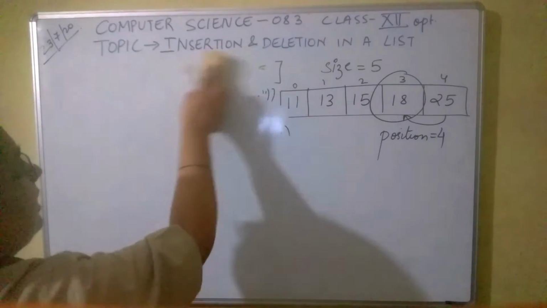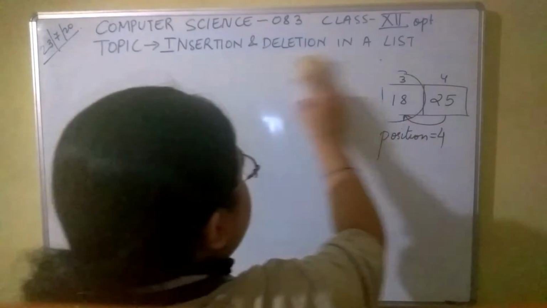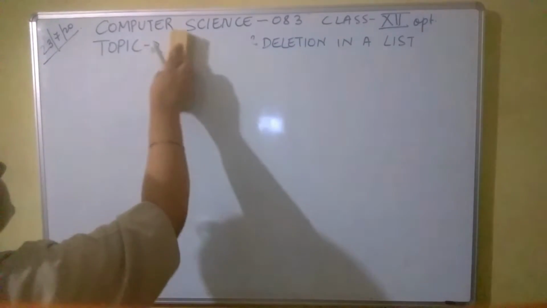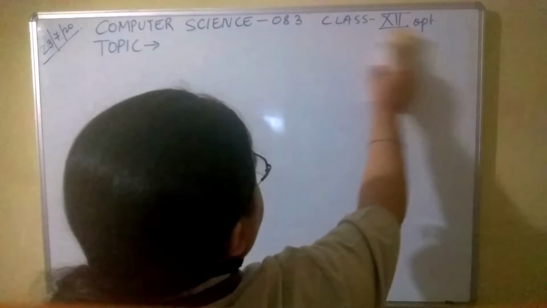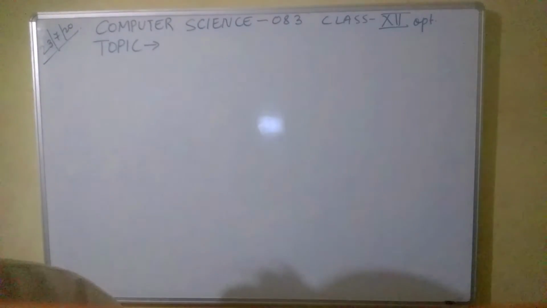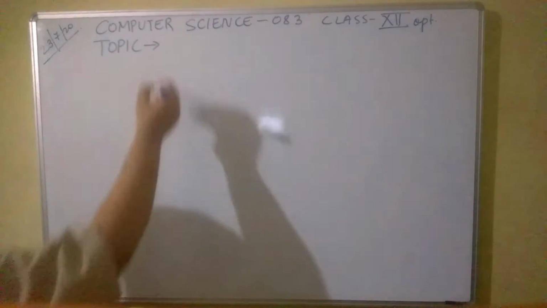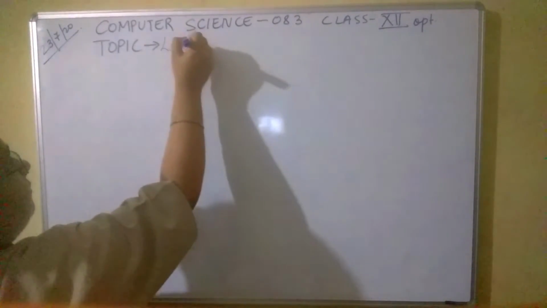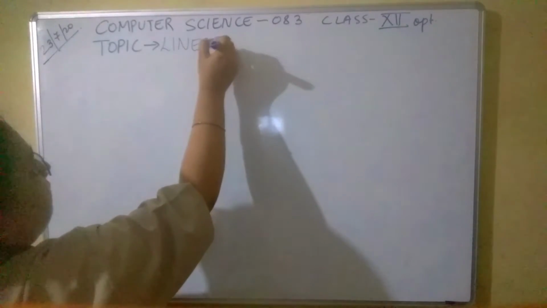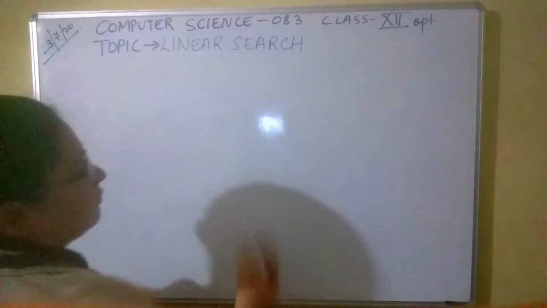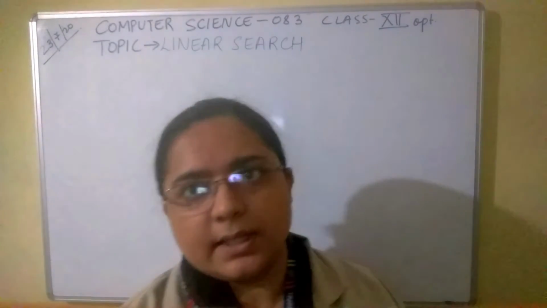Likewise, now we are also going to take up one short topic, that is linear search. How to perform linear search in a list. Linear search in a linear list.